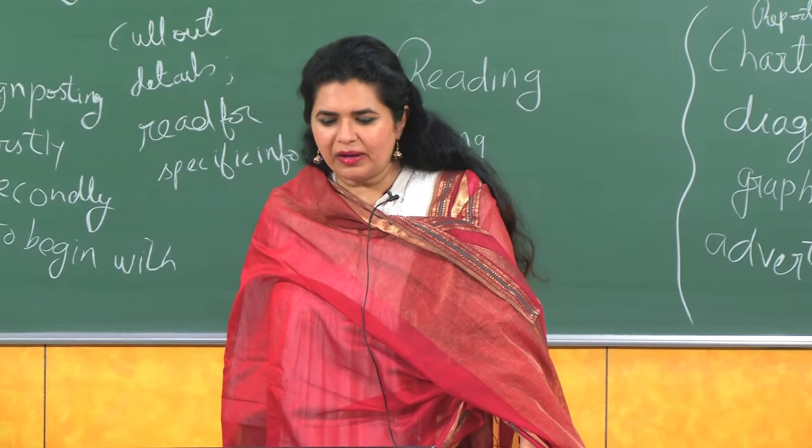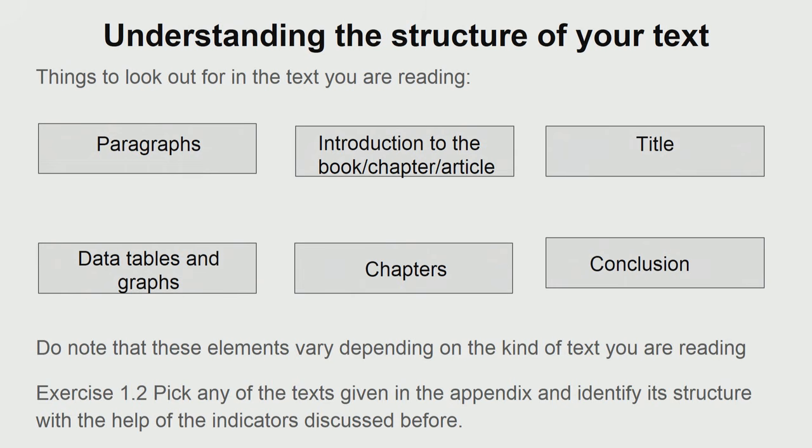This is just a warm up. Or pick up any of the texts given, not in the appendix here, but in your textbook or anything that you are reading, and try to identify these elements. Where is the title? Where is the introduction? How are the paragraphs? How are the chapters, if any? How is the conclusion done? This is your warm up exercise.